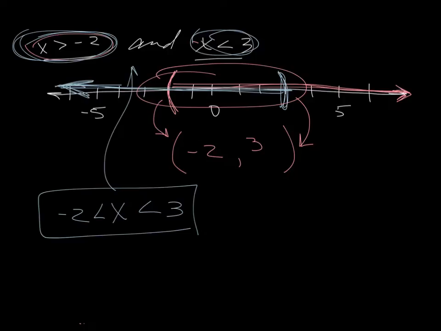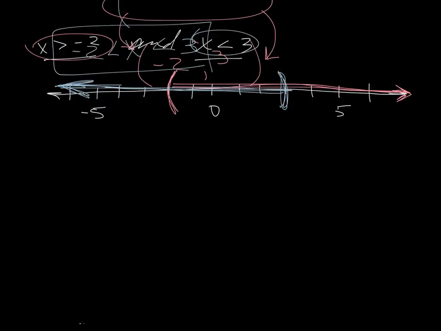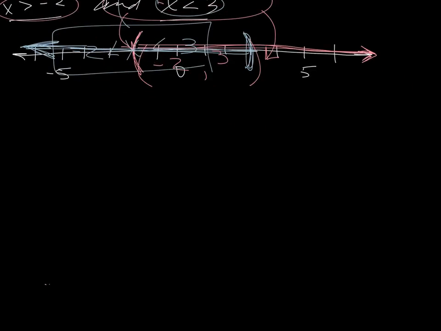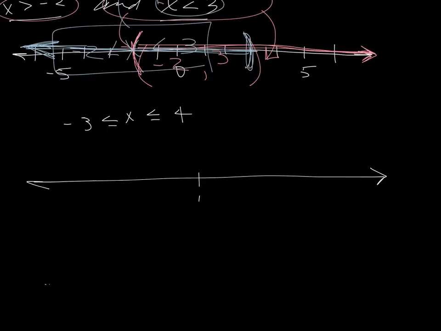Okay. So if I had an inequality that looked like this, negative 3 is less than or equal to x, which is less than or equal to 4, and I wanted to graph that, I would do this part first. Negative 3 is less than, and I'm going to make a square because it says it can be equal to, that little line there.